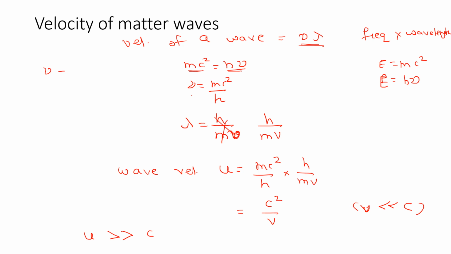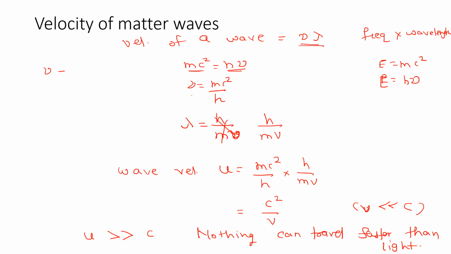This result makes it difficult to accept this wave nature of matter, because we know that nothing can travel faster than light. So this becomes a difficulty for the de Broglie hypothesis: how can we attach this wave nature to matter?